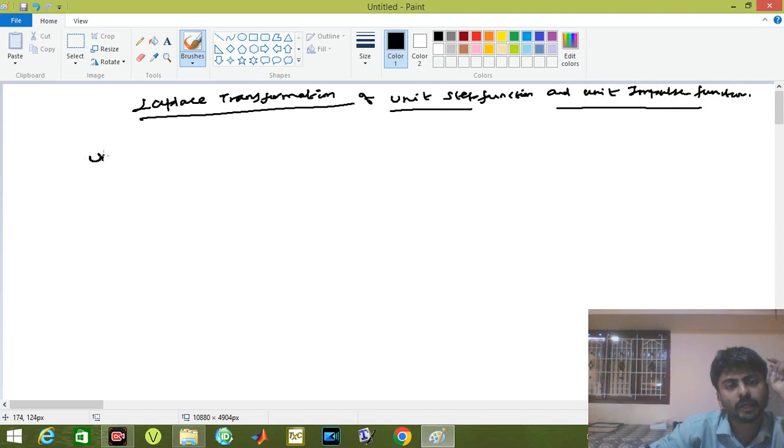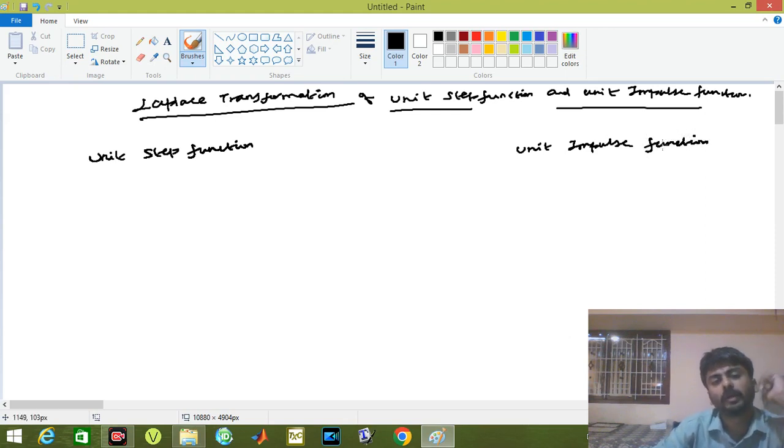Here you can write unit step function. Here you can write unit impulse function. Okay, both these two are related.